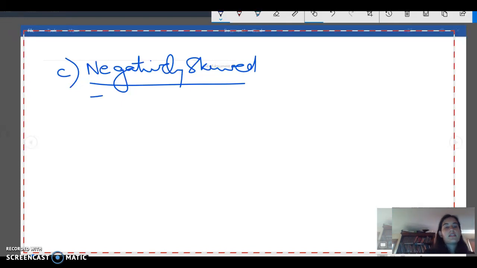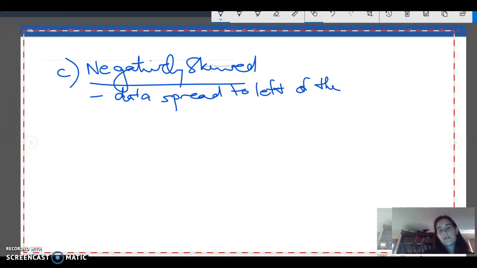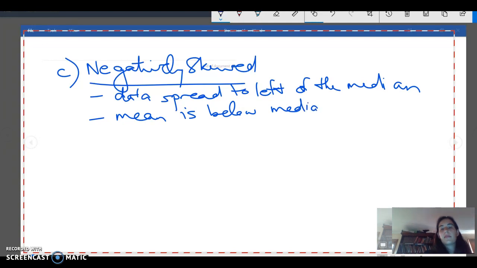The data is spread out to the left of the median. The mean, it's all flipped, is usually below the median, and the mode is above it. And when you want to say I'm repeating the same word, you just put those double dashes, so that's what that means.